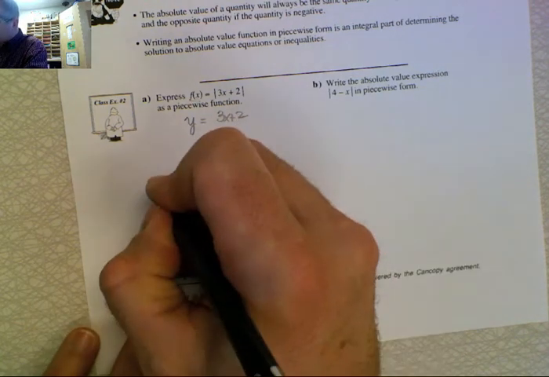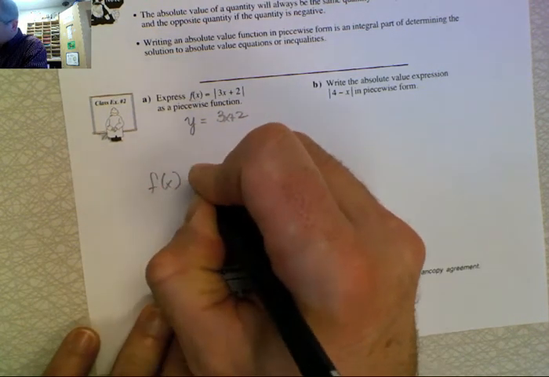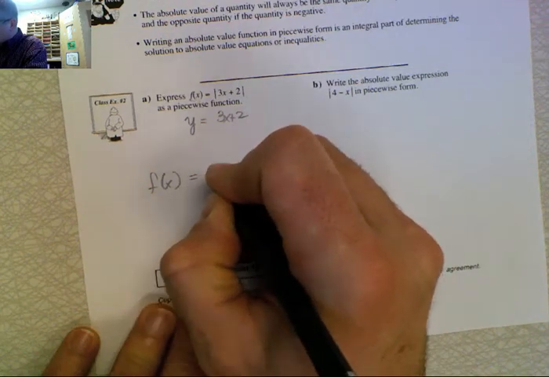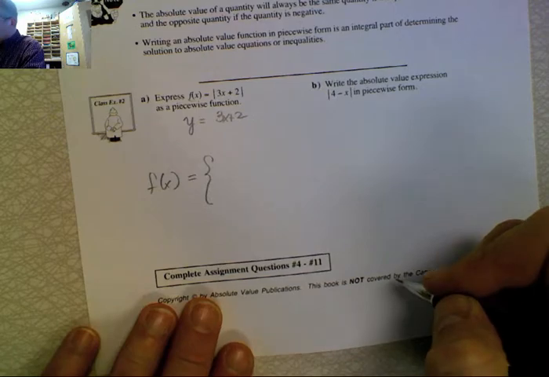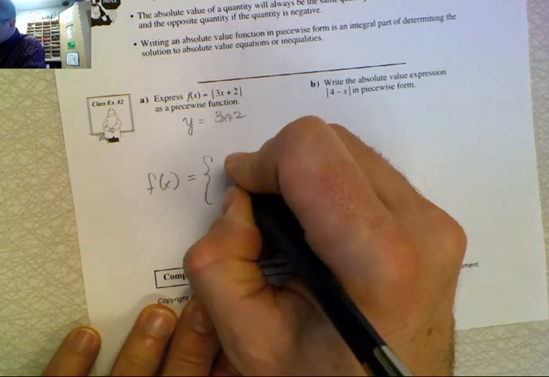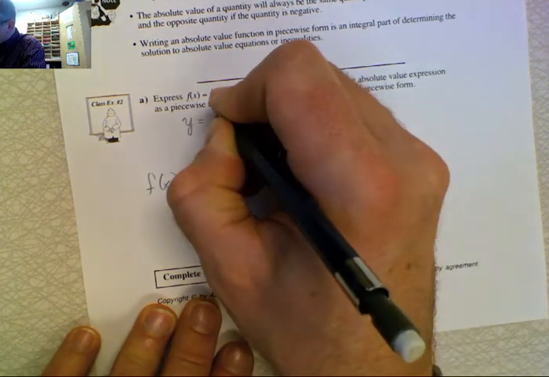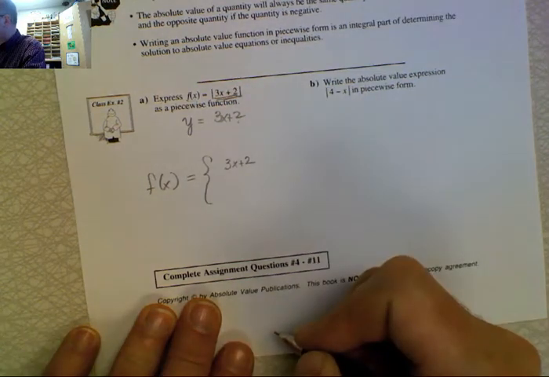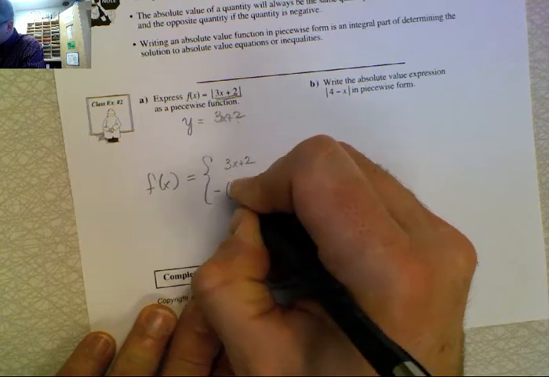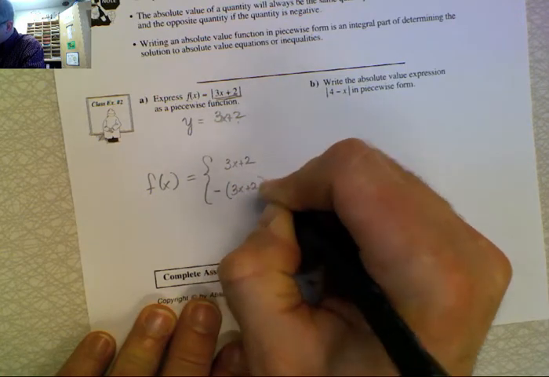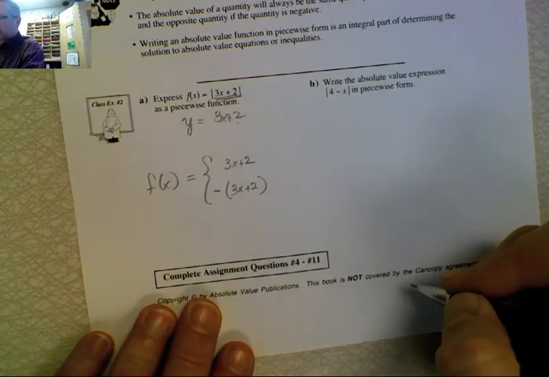So when we go to write a piecewise function, we write f of x equals, and we use our curly brackets. Now, the first function that's going to define our absolute value function is 3x plus 2. And the second function that's going to divide our piecewise function is the negative of this particular thing.